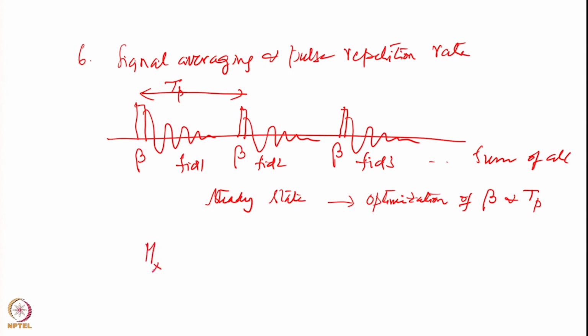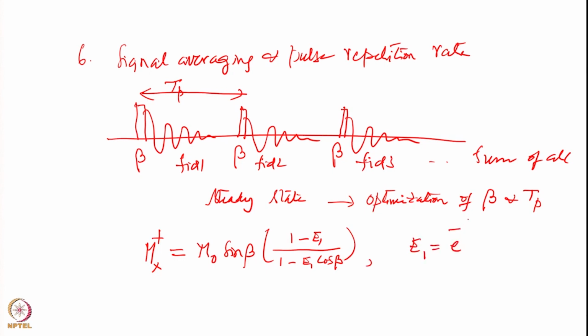The x component of the magnetization after the pulse, once the steady state is reached, is equal to M0 sin beta times (1 minus E1) divided by (1 minus E1 cosine beta). And what is E1? E1 is equal to e to the minus Tp by T1.